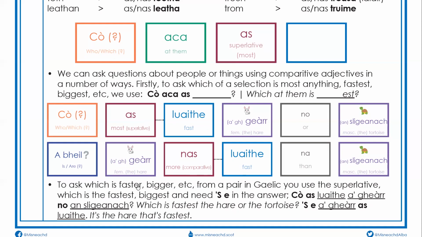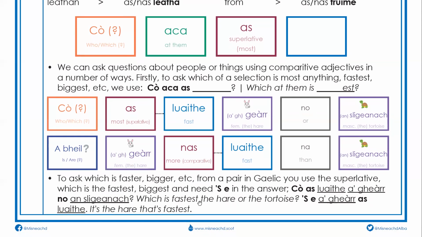So to ask which is faster, bigger, from a pair in Gaelic you use the superlative, which is the fastest, biggest, and this needs sé in the answer. Co as luia, fheàrr, no, and slíochnaigh, which is the fastest, the hare or the tortoise. Sé fheàrr as luia, it's the hare that's fastest.